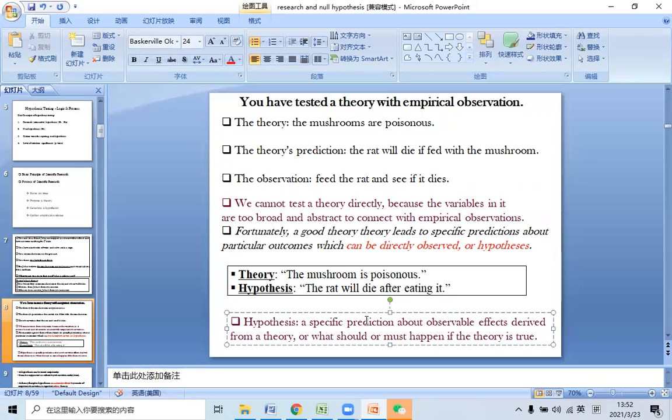A hypothesis is a very specific prediction. Prediction about observable effects derived from your theory. It tells you what should or must happen if the theory is true. In this case, if the mushroom is poisonous theory is true, you should observe the rat will die after eating the mushrooms.